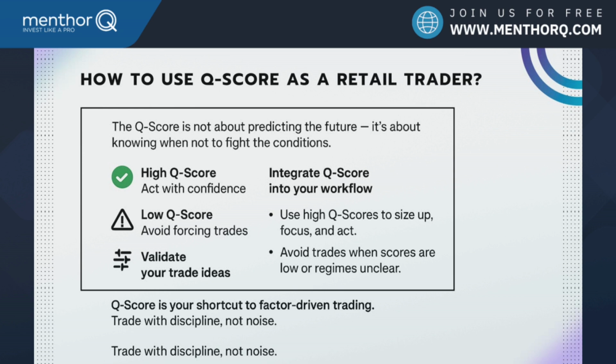It can also help you to filter your trade ideas. Let's imagine that your chart looks great, but the Q score disagrees. Maybe take a second look and analyze the data further. You don't want to jump on a trade when you have conflicting data that can potentially put your position at risk. Of course, you need to combine it with your own playbook, right?